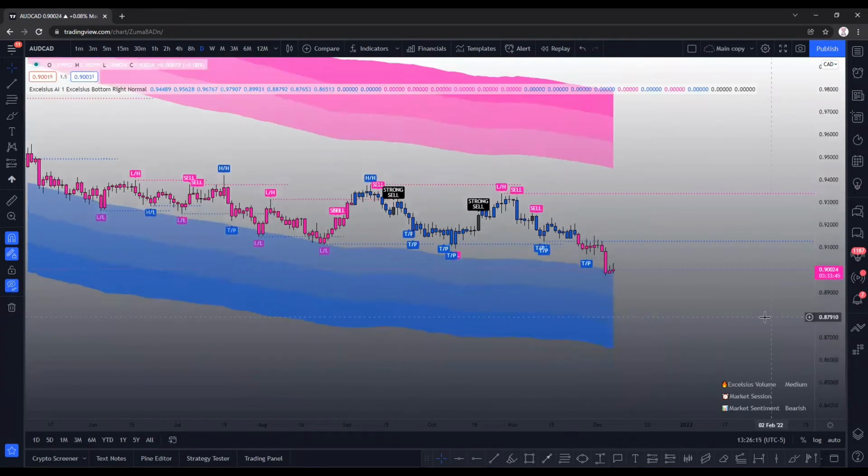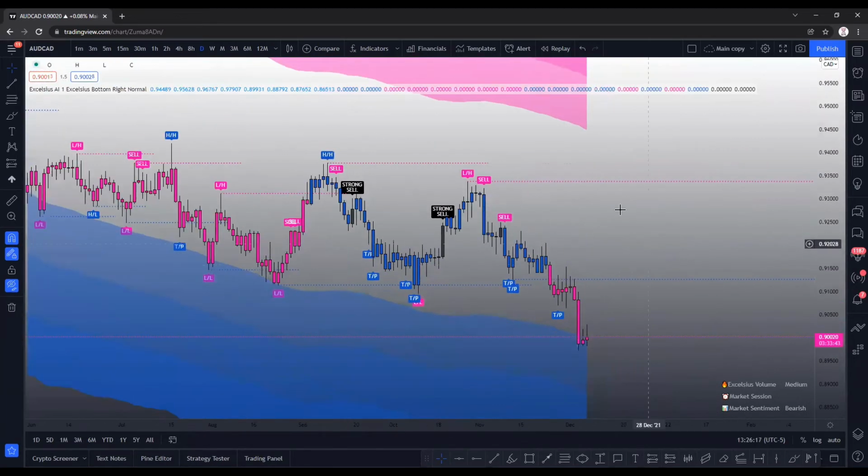Be mindful though, and this is something to talk about. If you notice here, Excelsius is a hard trending algorithm. It does not break in context to direction. So just because you see these short-term pullbacks or these short-term plays, it's not going to start spitting out buys unless the market sentiment should change, right? It very much should be that way and always be that way.